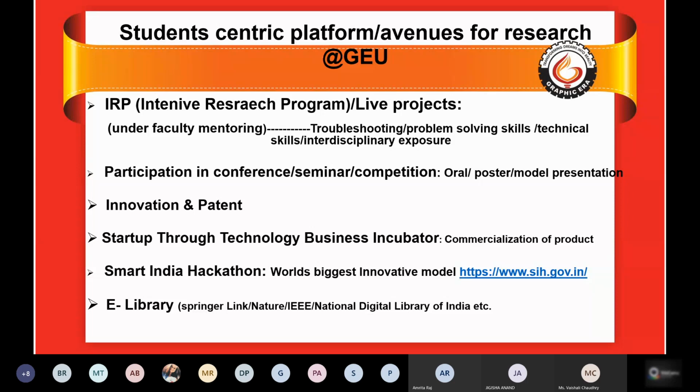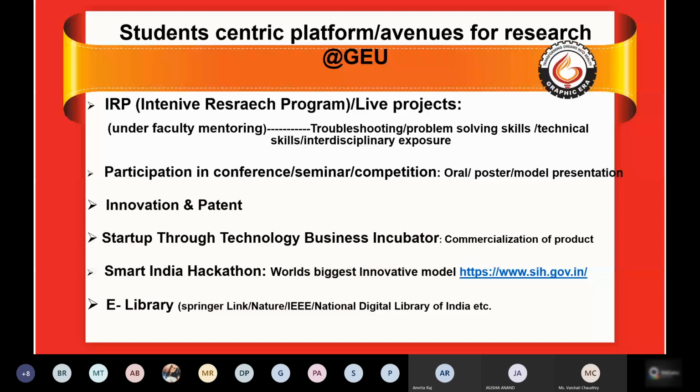Then next is you can participate in conferences, seminars, or other competitions by oral, poster, or model presentation. So this is the platform where you will first, because obviously you have presented your science model in your school, right? And I have seen very beautiful and amazing, wonderful working science models in your school, and definitely you have presented the models.